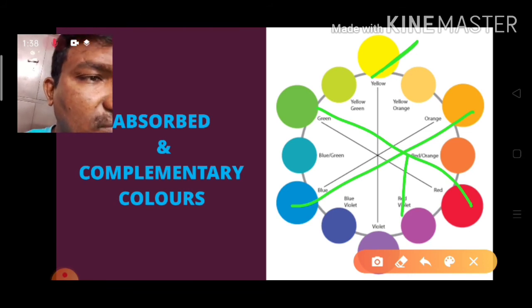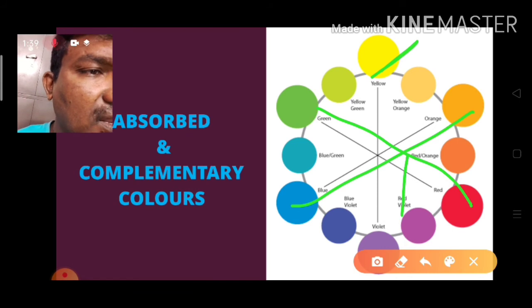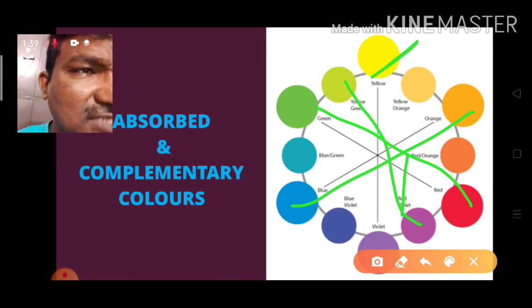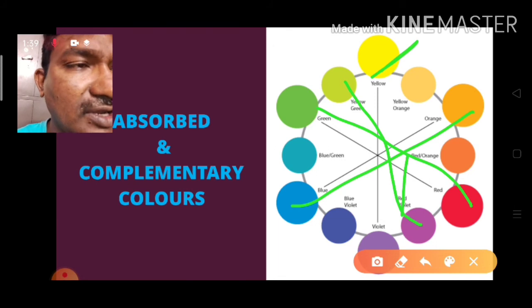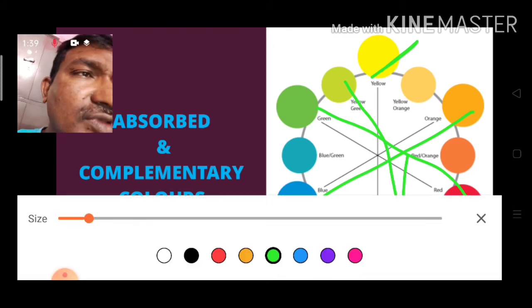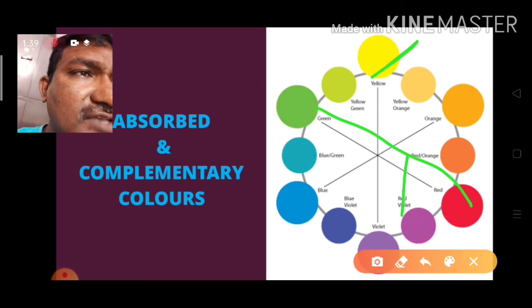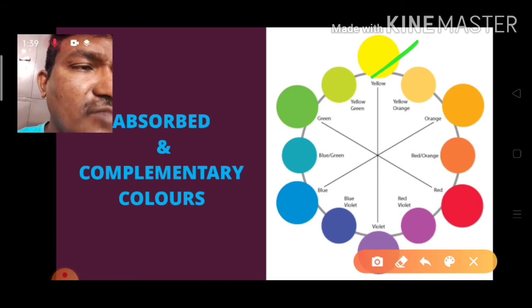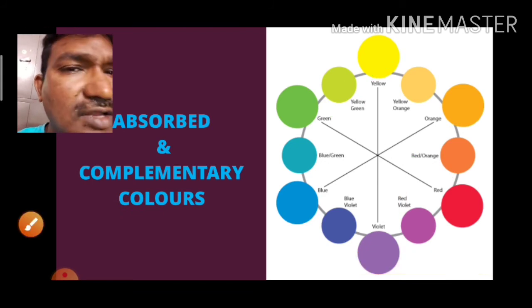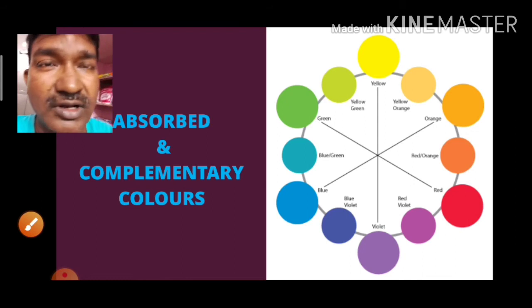In a similar way, we have a color between violet and red, that is known as the red violet. So yellow green is complementary to the red violet, or red violet is complementary to the yellow green color. So like that we have the absorbed color and the complementary color. For example, if an object absorbs the violet color, then that object appears in the yellow color.